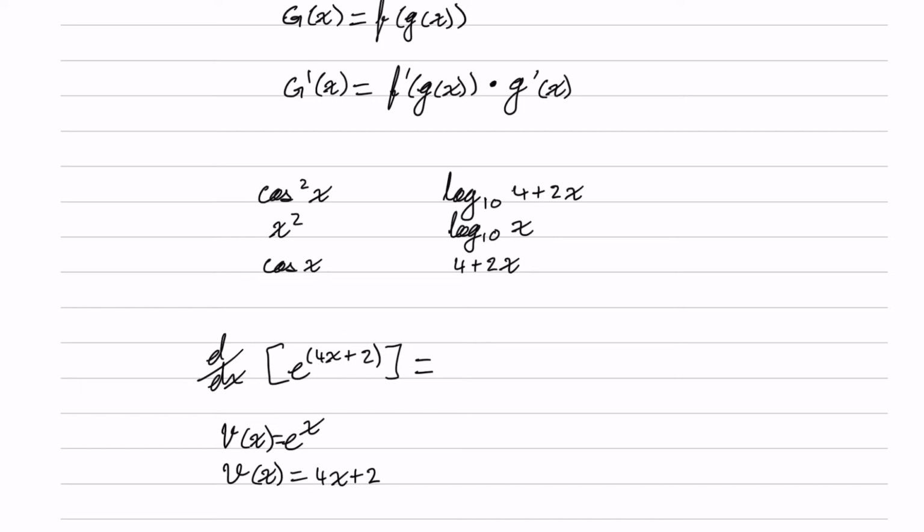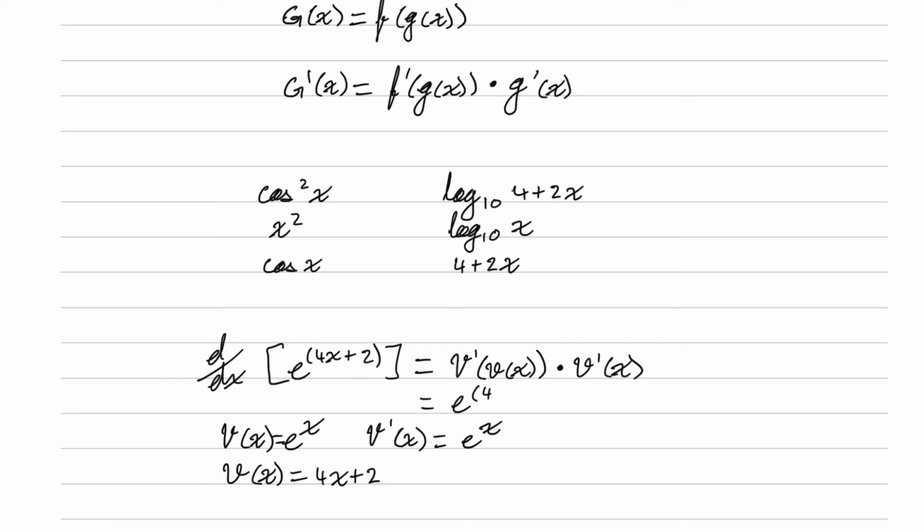So if we were to evaluate this, we take the derivative of v of u of x, and multiply that by the derivative of u of x. And when we do that, we get the derivative of e to the x, which is e to the x, and so we simply take the derivative of v of x and plug in u of x.